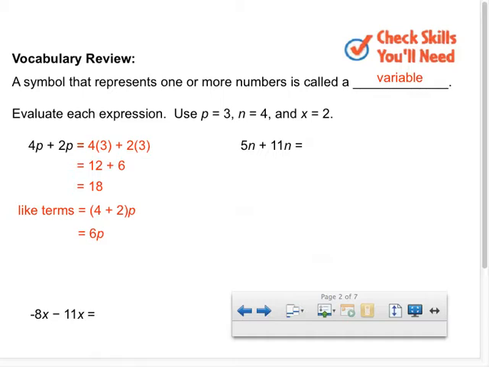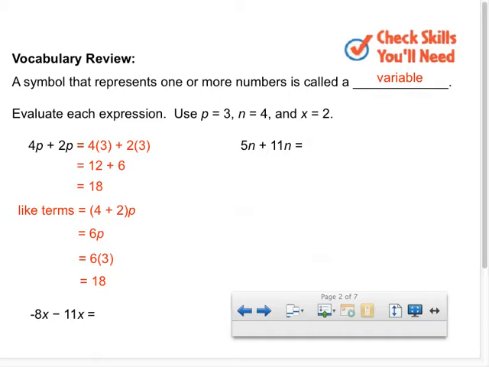Now if I replace this new simplified algebraic expression with p equals 3, I get 6 times 3. And that gives me back 18. Isn't that what Bokar got? Yep. Okay. So often in math, you need more than one way to get there. Sometimes of your two techniques, only one will work.